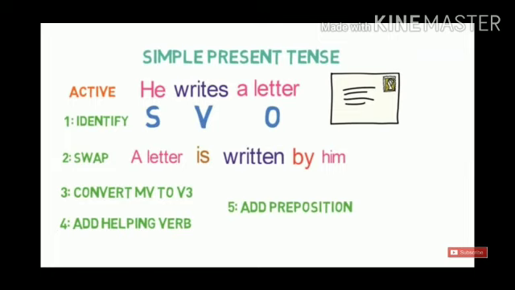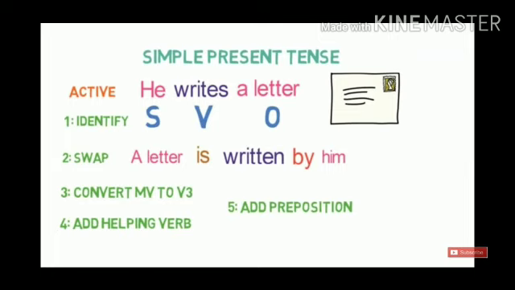We need to convert the main verb into the past participle, the third form of the verb, written. So it will be written. In the fourth step, we need to add the helping verb, is. And as it is present simple, the passive voice is: a letter is written him.